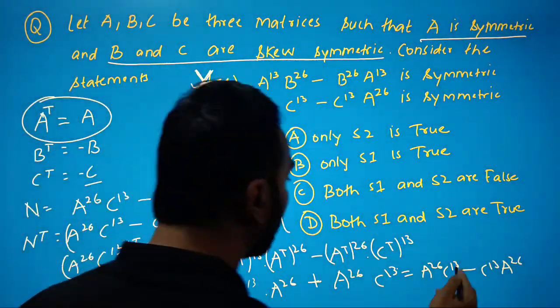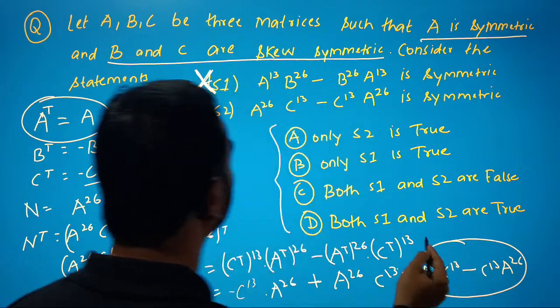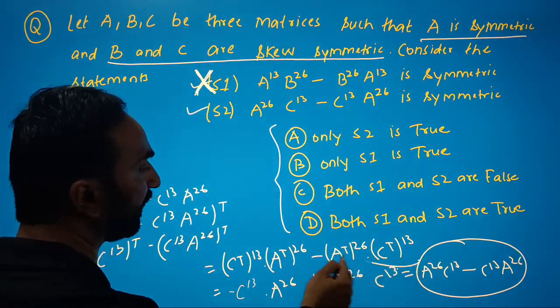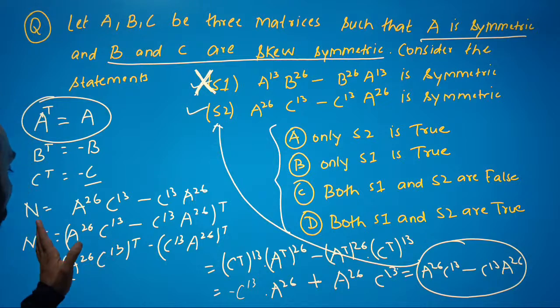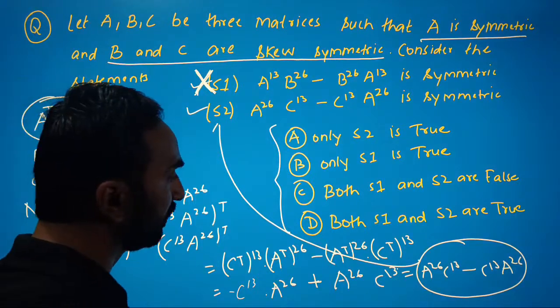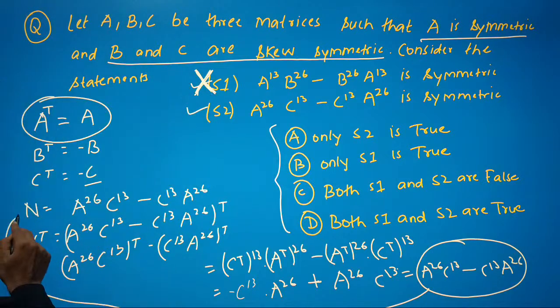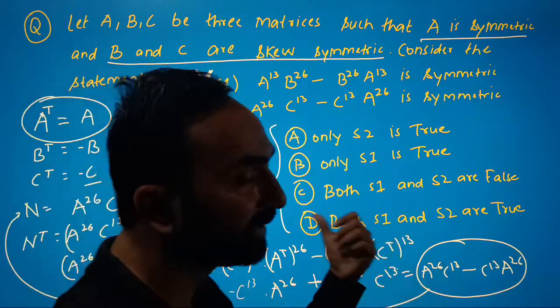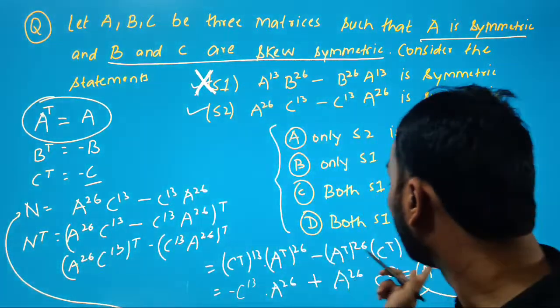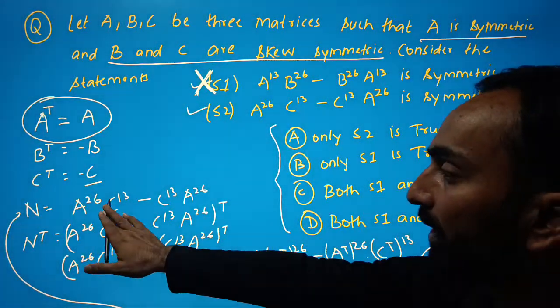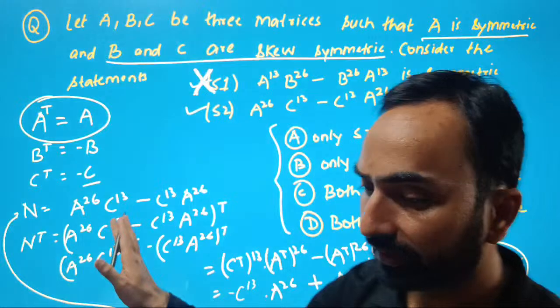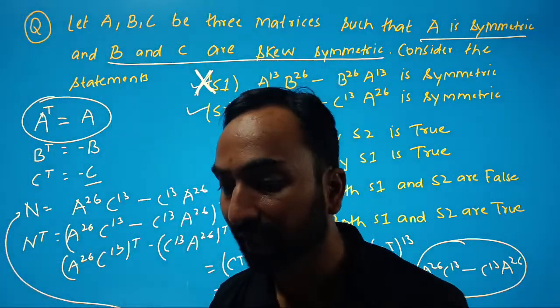Now compare this with statement 2, what we have taken as N. What we received here in the final solution is just similar to what we have taken as N.